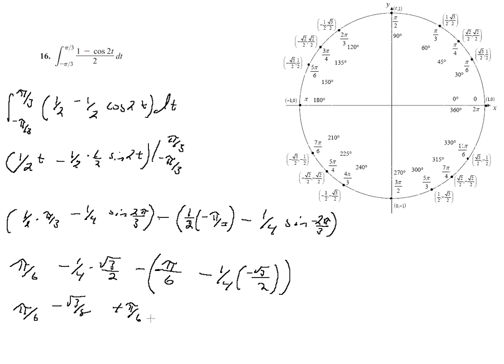Negative 1 times negative 1/4 is positive 1/4, times negative √3 over 2 is negative √3 over 8. And then finally we have pi over 6 plus pi over 6 is 2 pi over 6, minus √3 over 8 minus √3 over 8 is minus 2 √3 over 8.